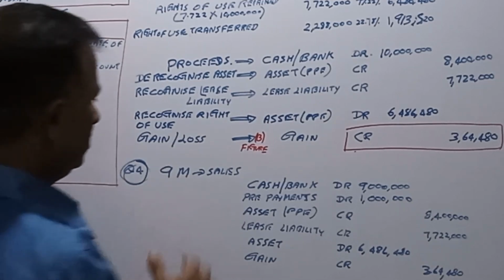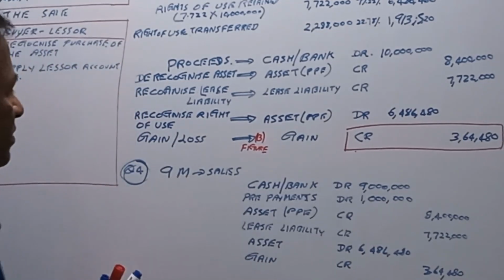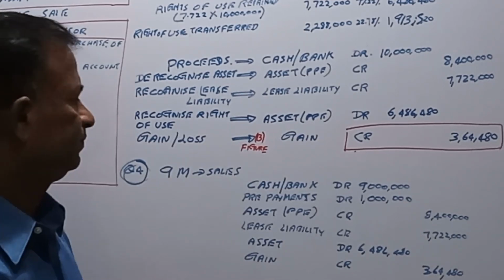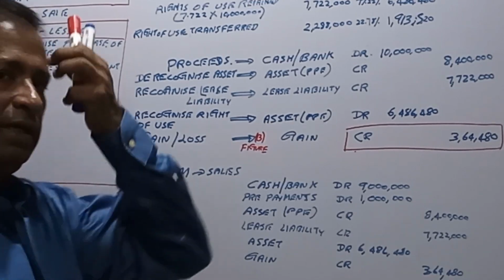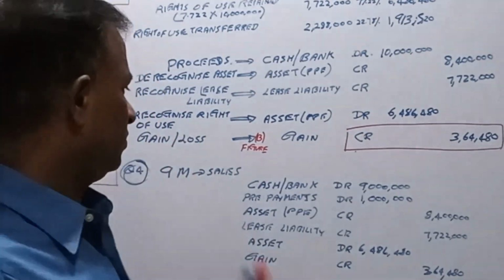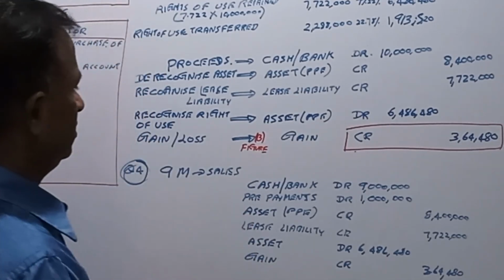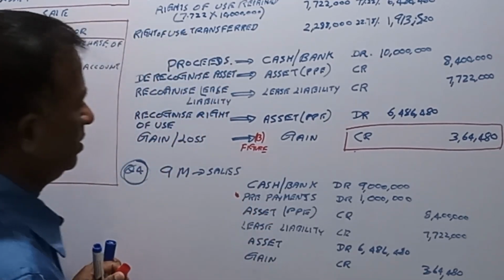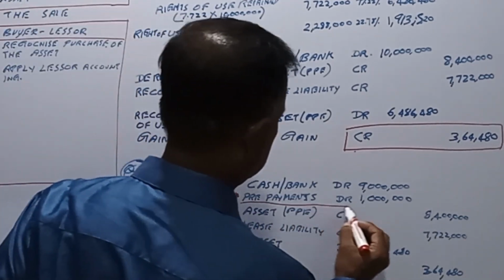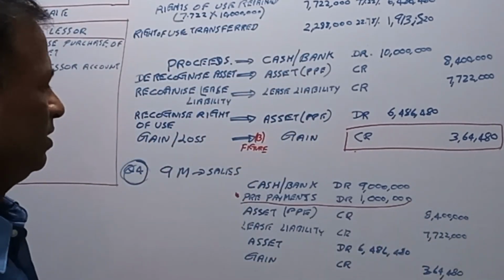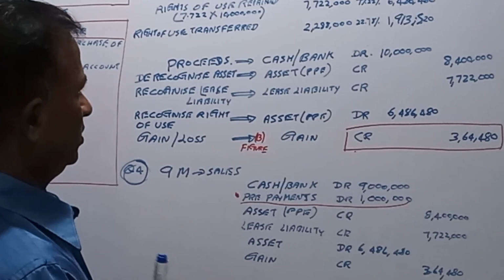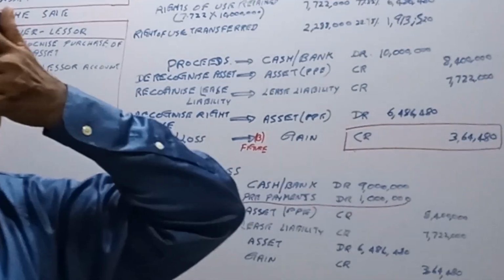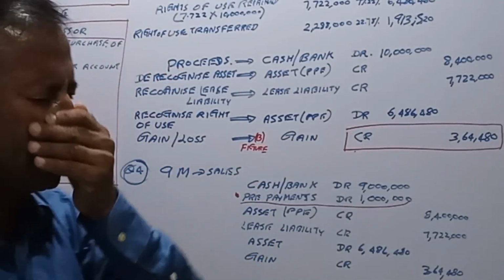This is for the purchases of 9 million, 9 million sales, which is lower than the fair value. So the difference here is prepayments. Other than that, everything is the same as the fair value. We are selling at fair value in those transactions.